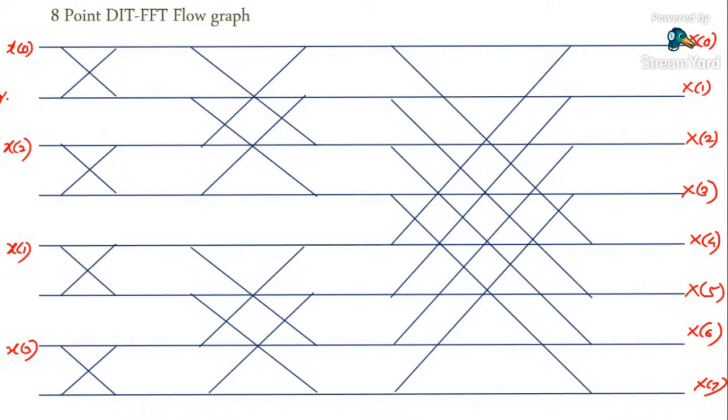Then it is x of 4. Then x of 5. Then x of 6. Then x of 7. So the inputs are in out of order and the output is in order. This is minus 1, minus 1, minus 1, minus 1. This is minus 1, minus 1, minus 1, minus 1.